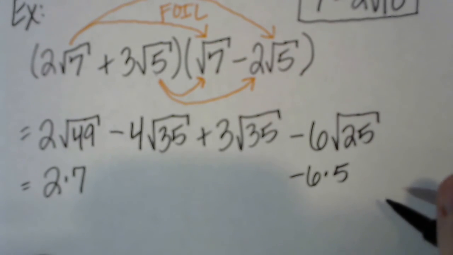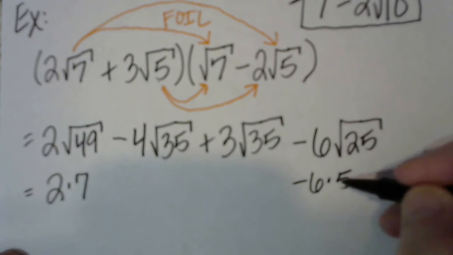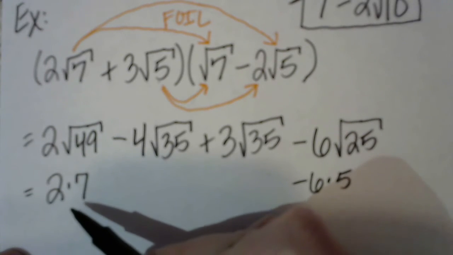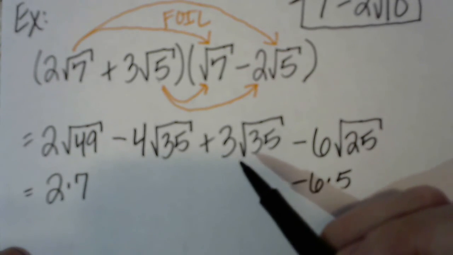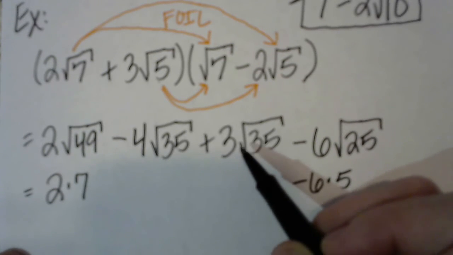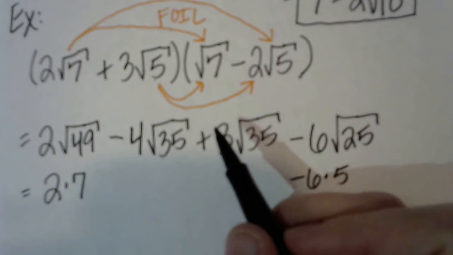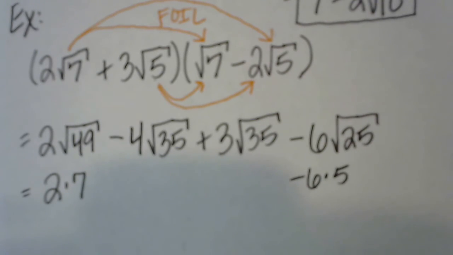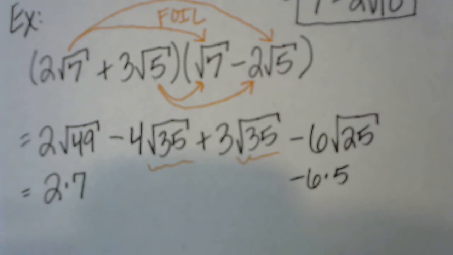So our multiplication part is over. No more multiplying to do other than the negative 6 times 5 and the 2 times 7. This is addition and subtraction, for sure. Okay, so these have like terms because they're the same type of root and the same thing underneath. So I can add those coefficients.